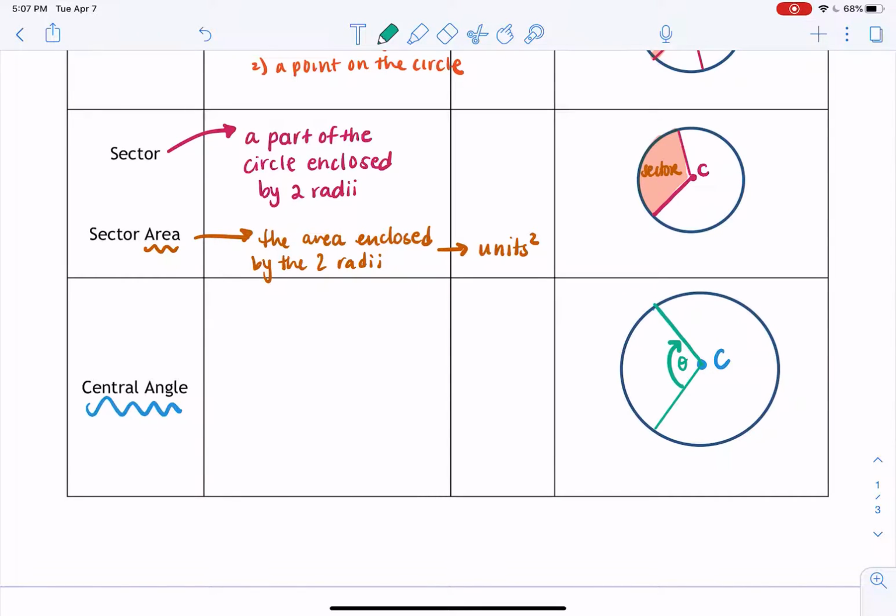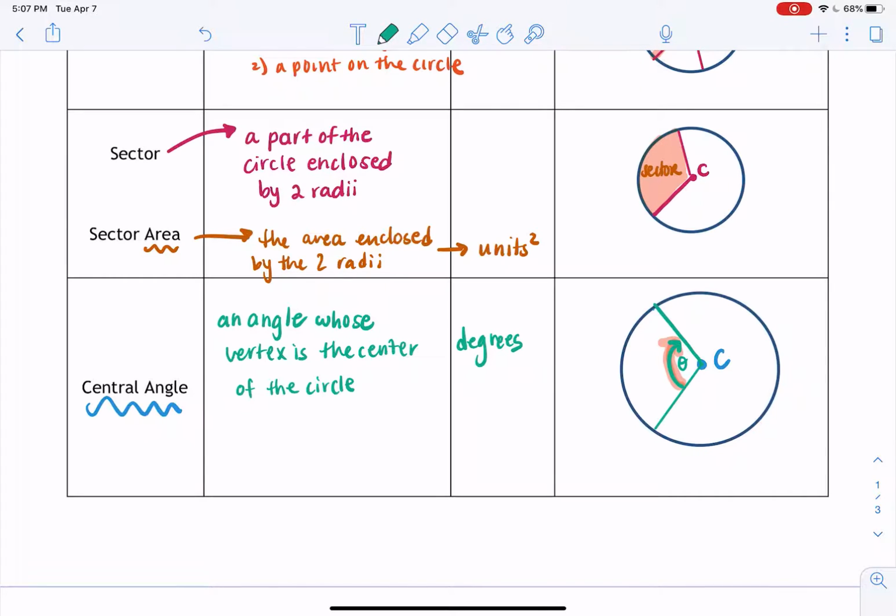This is what we call a central angle. It's an angle whose vertex is the center of the circle. So it's this angle that we're talking about, and it's measured in degrees.